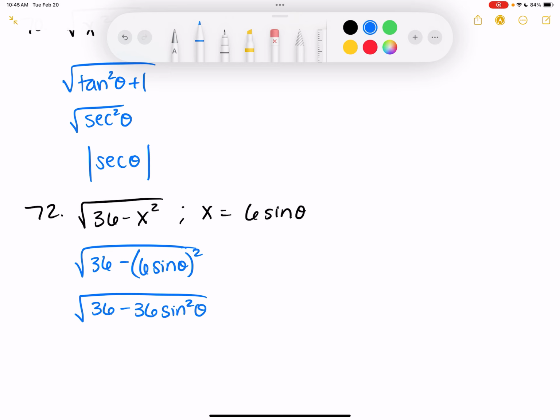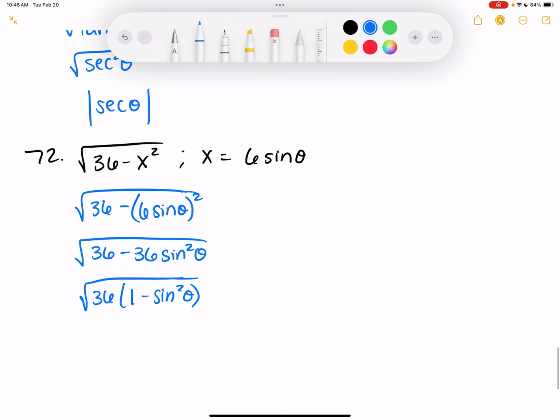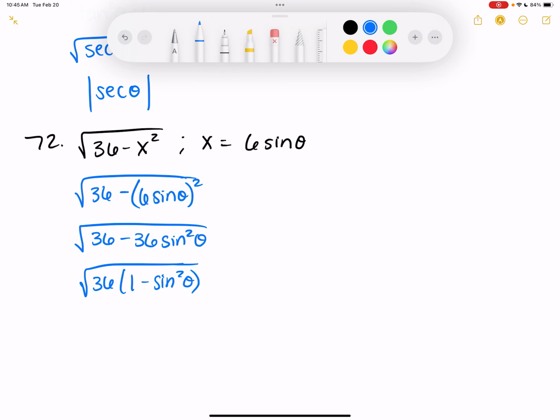Since there's a 36 in both pieces, I can factor it out. So the square root of 36 times 1 minus sine squared theta. What's 1 minus sine squared of theta? Cosine squared theta. Yep, so 36 cosine squared theta. Now I take the square root of both pieces.